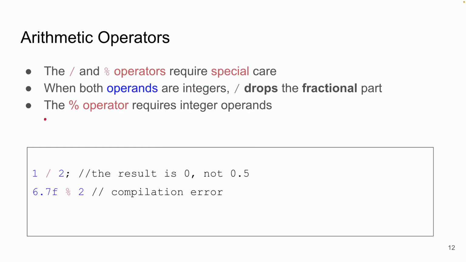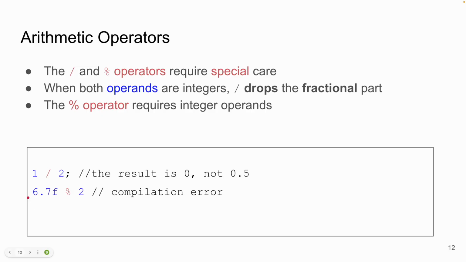And for the second, the remainder operator has a limitation, or a special rule here. If we want to use the remainder operator, we can only use it with integer operands. So we cannot write an expression like this. We cannot use floating point numbers in expressions with the remainder operator.